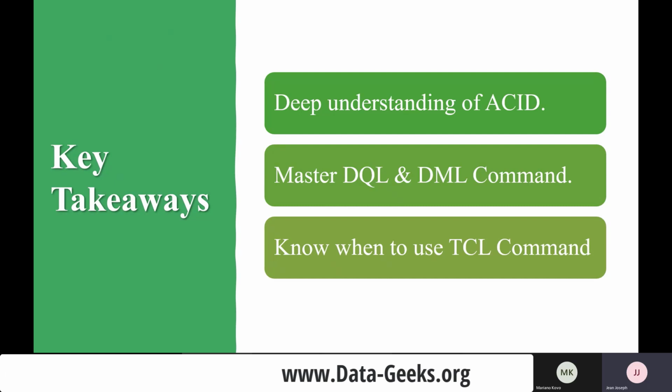You need to master CRUD, which is a combination of data query language and data manipulation language. You need to know that, and you need to know when to use TCL commands, especially if within your data pipeline there are transactions that depend on other transactions.